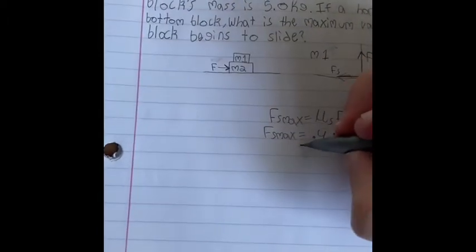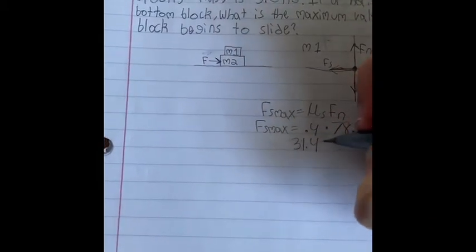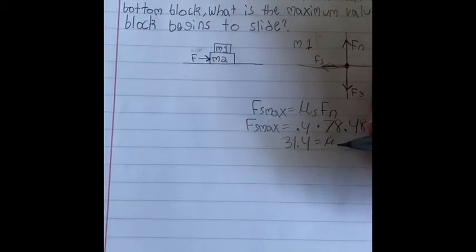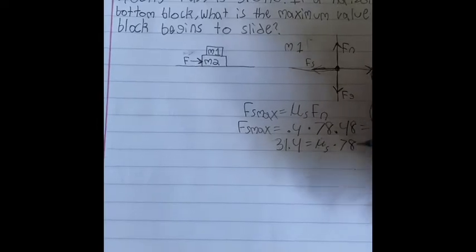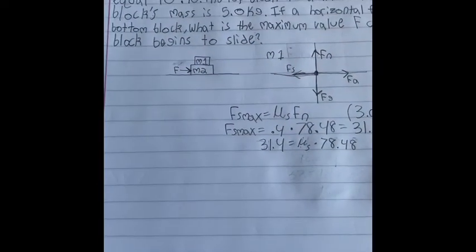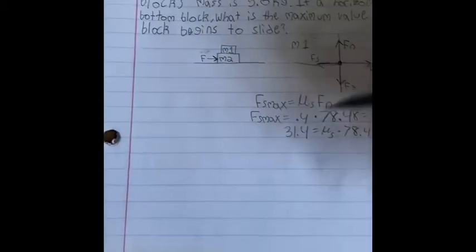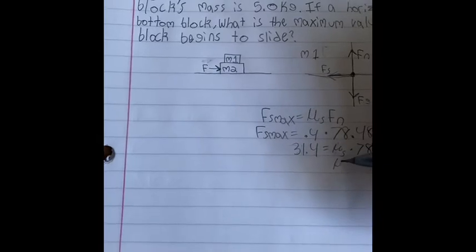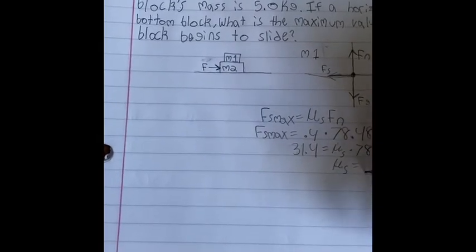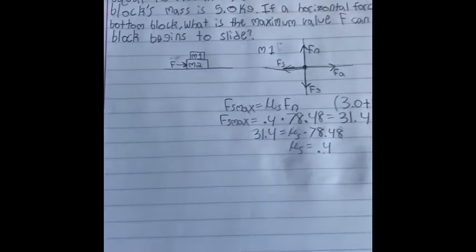So we do 31.4 equals mu sub s times 78.48, which is the normal force. We divide both sides by 78.48. So we get mu sub s is equal to 0.4. So it's still the same.